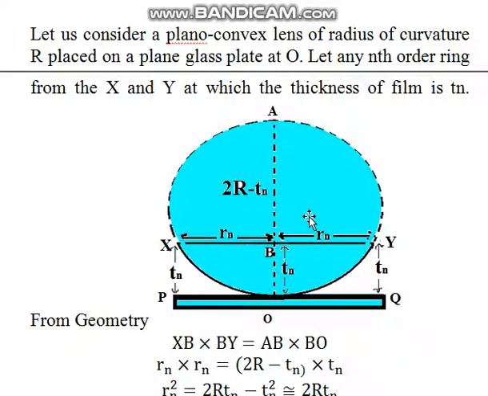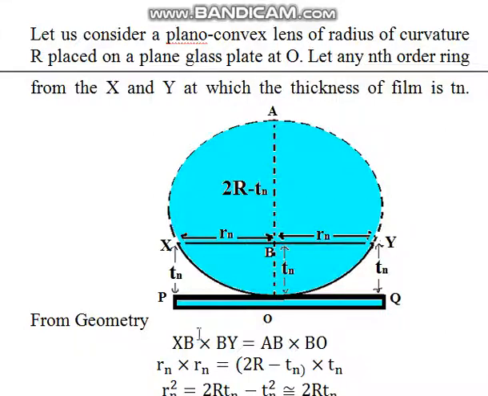Basically here you can observe that there is a circle and there are two chords, one is XY, the other is AO, and they cross each other and meet at point B. So we can apply the theorem of intersecting chords, which states that XB multiplied by BY is equal to AB multiplied by BO.